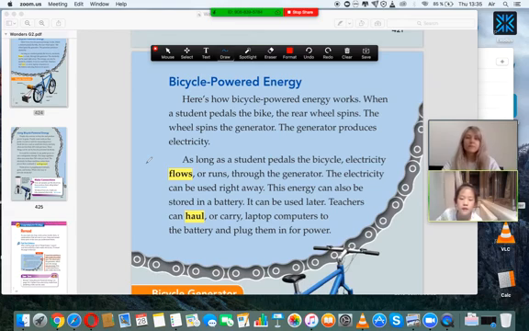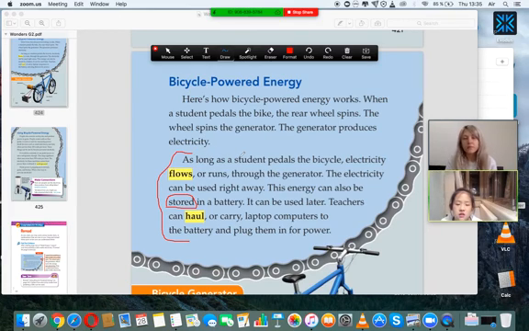If the energy can also be stored in a battery. That's right. So now let's read the whole paragraph to understand the meaning of this word and to find some clues. Let's reread it.